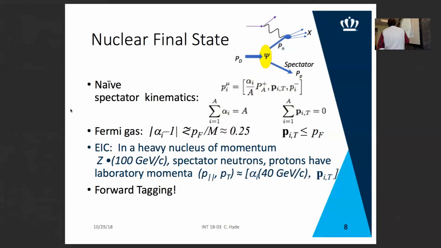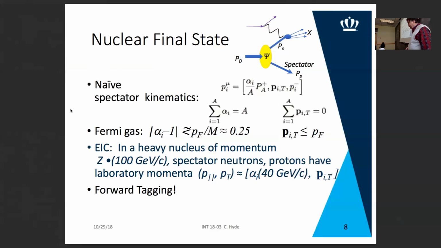So it's very straightforward to tag either spectator protons or spectator neutrons, because the hadron calorimeter will measure a neutron with essentially 100% efficiency, and it can get very good angular resolution on the neutron. Compared to measuring neutrons in a fixed target experiment, this is almost easy.